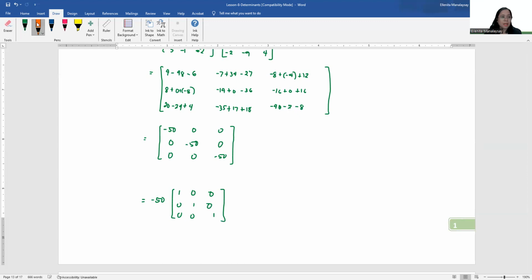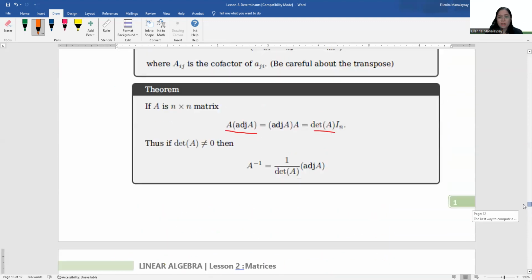And we have to take note that negative 50 is the determinant of A, and this is the identity matrix. And that is what this theorem says. So A times adjoint A is equal to the determinant of A times the identity matrix.